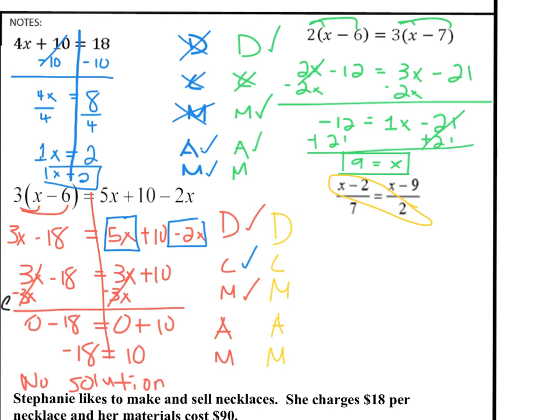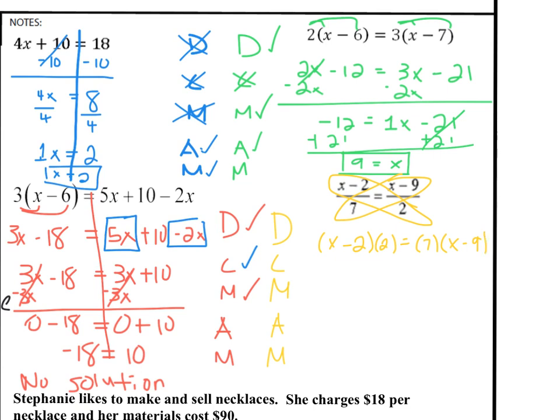So that means we're going to multiply our diagonals by each other. So looking at this one, I'm going to start off by writing everything in parentheses. So I'll put my x minus 2 in parentheses, and it's being multiplied by 2. Then I have 7 multiplied by x minus 9.